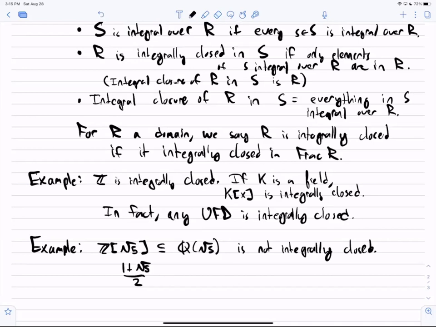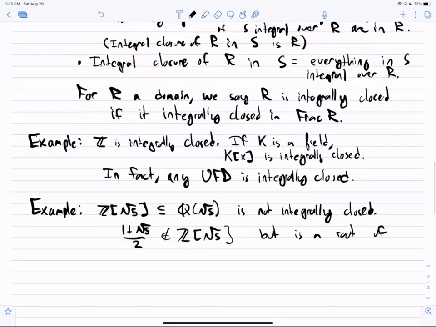This is not in Z[√5], but it's a root of x² − x − 1. I'll probably get this wrong. (1+√5)(1−√5) is 1 − 5 = −4. Well, close enough.